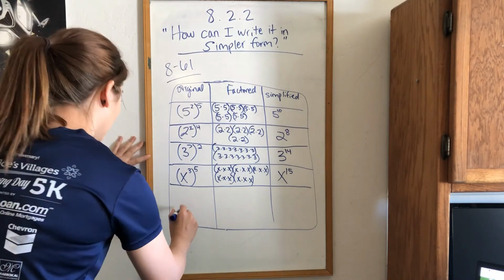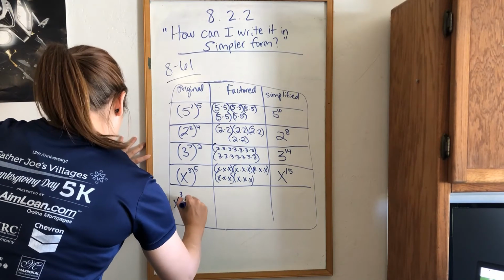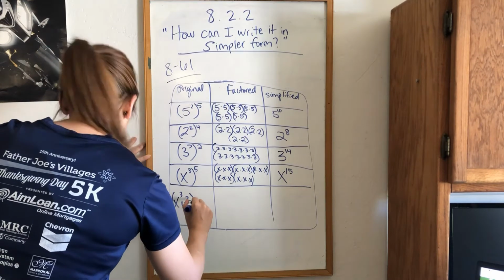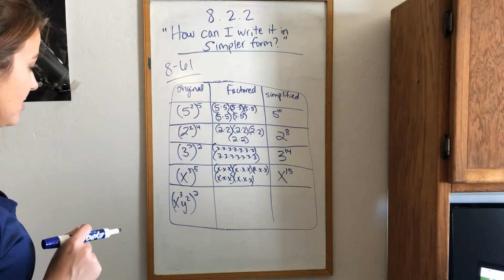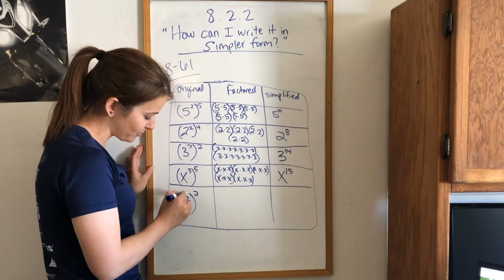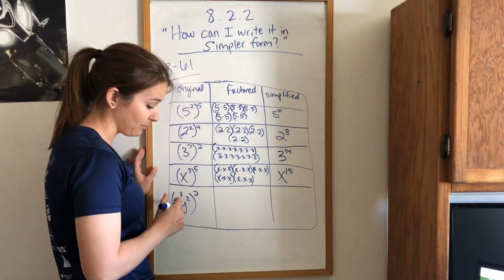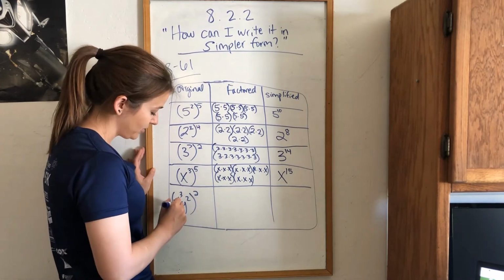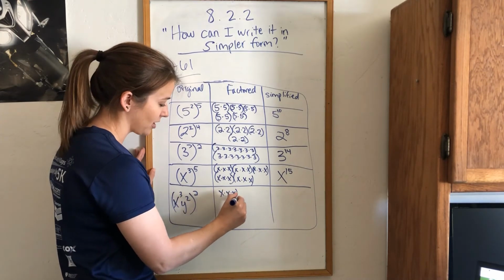Last expression is x to the 3rd times y to the 2nd raised to the 2nd power. So everything inside of the parentheses is going to be affected by the 2. We're going to make 2 groups of this whole expression, but factored out. So let's make 2 groups of x to the 3rd first.